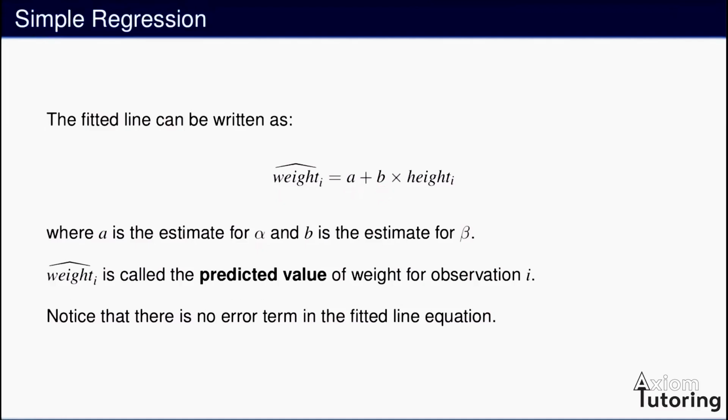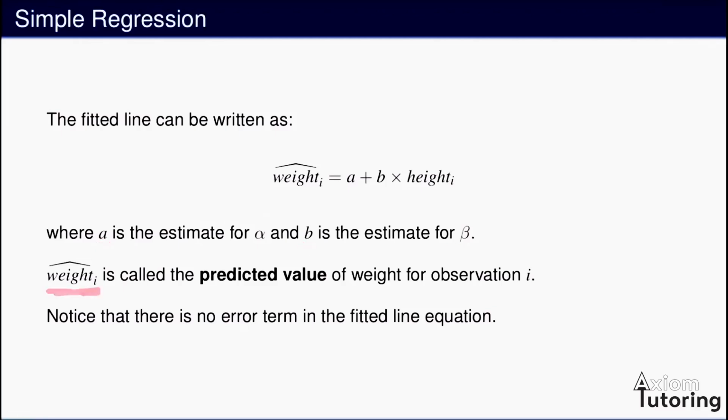Because now we are thinking about estimates. A is an estimate for the true population alpha, and B is an estimate for the true population beta. Remember that we never observe the true parameters alpha and beta, but we are trying to find a good estimate for what they are. And those estimates are going to be A and B.